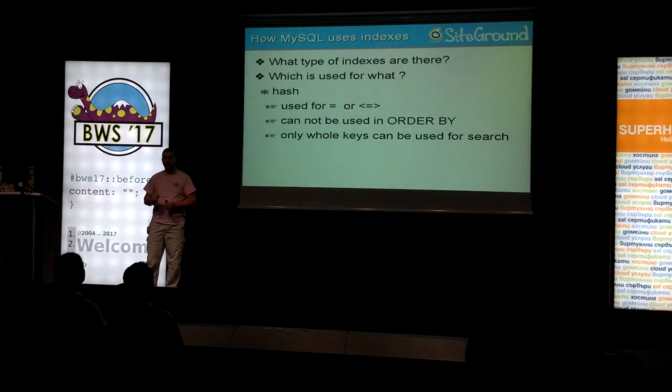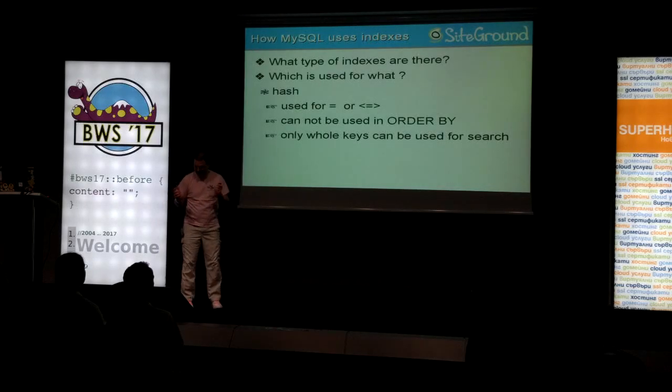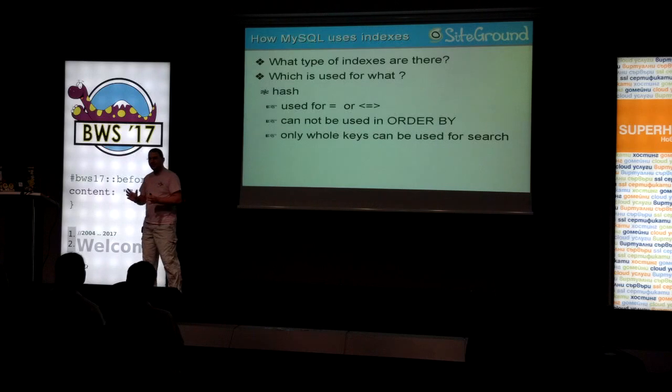You can use hash, but most of the times people are selecting like 'name%', and this cannot be done with hash indexes. So they have limited exposure to your data, but they are extremely fast.